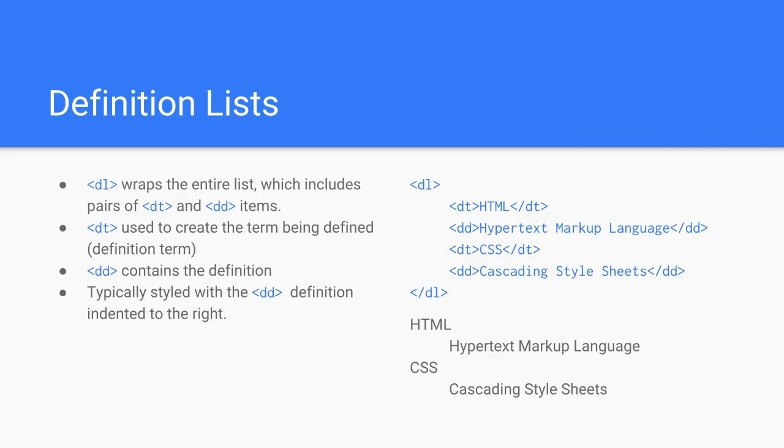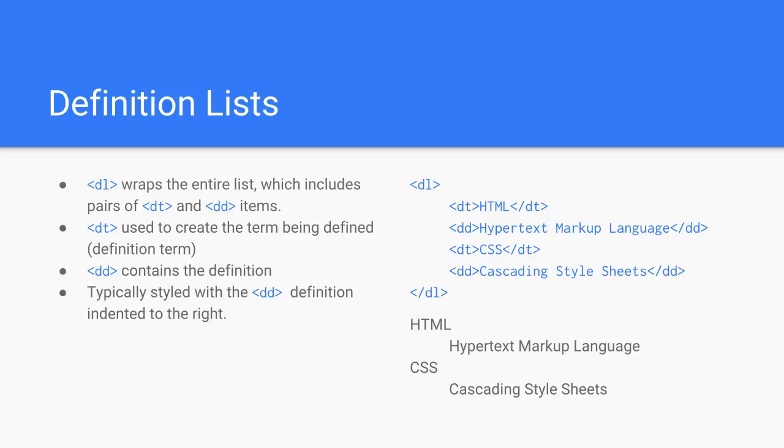For definition lists, they're a little bit different. We use DL, which wraps the entire list, definition list. Then we have pairs of DT and DD, where DT is the definition term, or dictionary term, and DD is the dictionary definition.